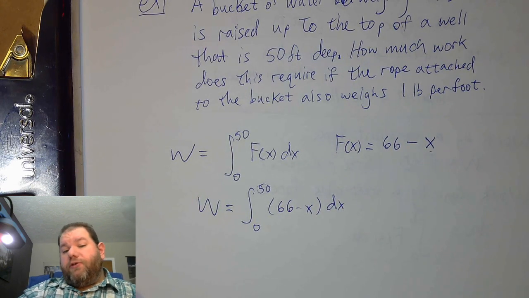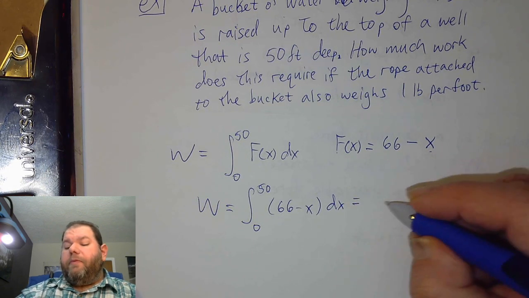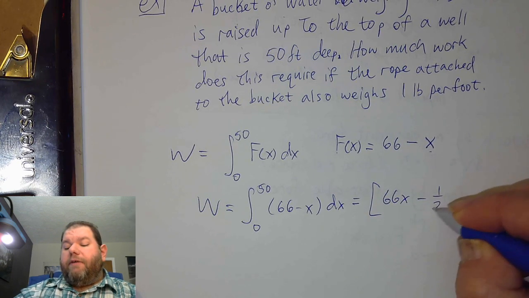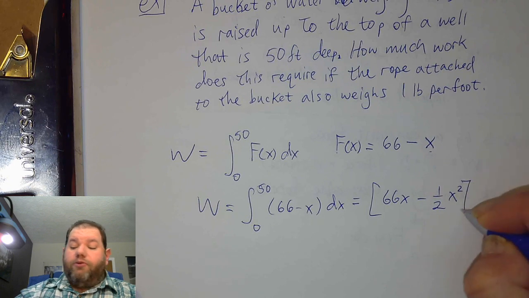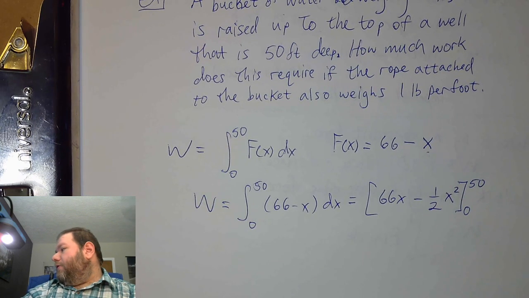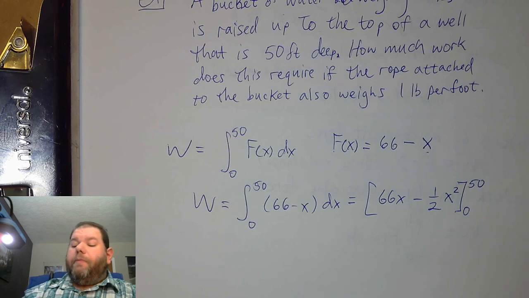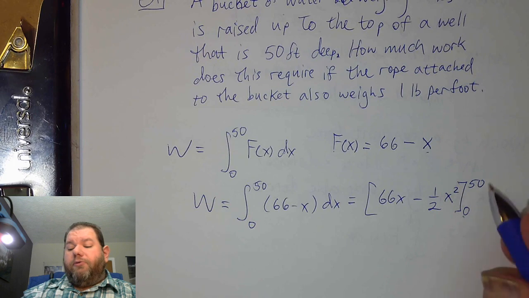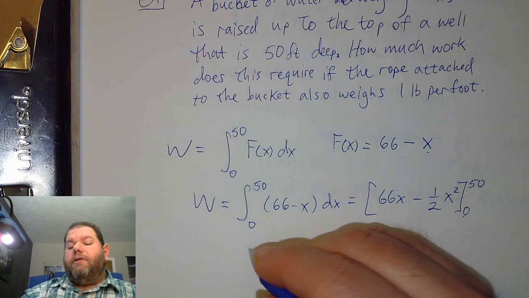Okay, so we're just going to integrate from 0 to 50, 66 minus x. So that'll be 66x minus 1/2 x squared, or x squared over 2, whichever way we prefer to write that, integrated from 0 to 50. We know if we plug in the 0, it's just going to zero out both of those terms, so we really only need to worry about the 50.